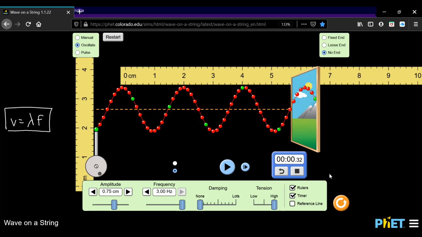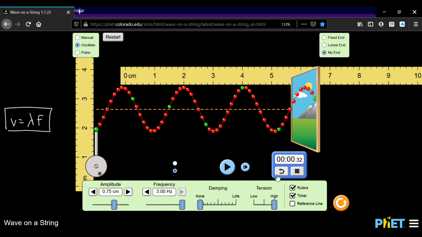What was that time? 0.32, which is about 1/3, right? And so you take 2 centimeters, the wavelength, divided by the time it took the energy to travel those 2 centimeters, which was a period of 0.32, you get the same answer. And sure enough, if you knew that the wavelength was 2 centimeters, you could have just worked in the frequency domain by multiplying the 2 centimeters by the applied frequency.